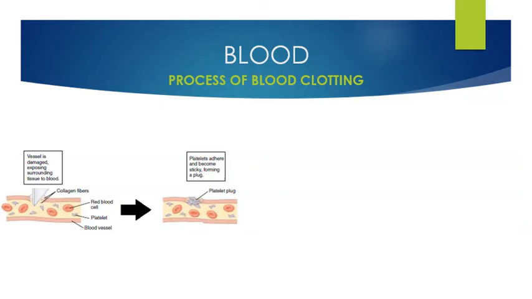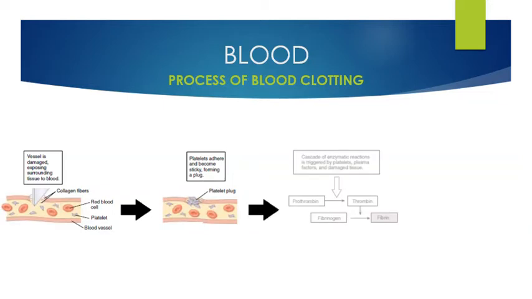Then, if you can remember, from the second step to the fourth stage, we were simply talking about reactions or processes that happen. So in this part, there are simply many reactions that occur.